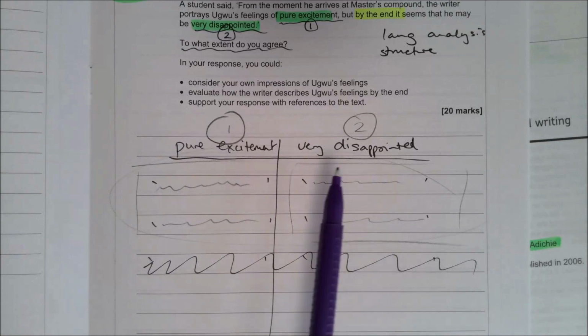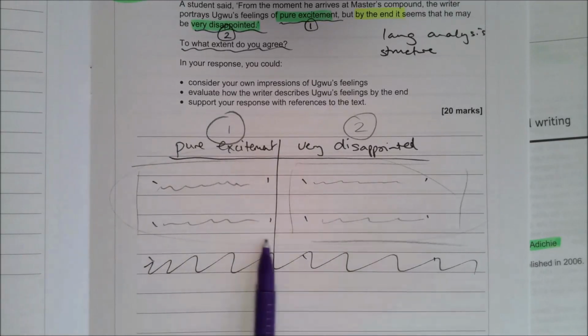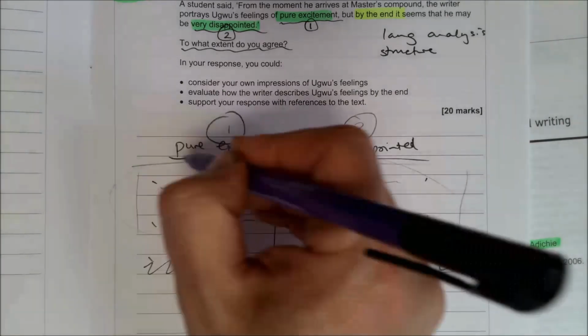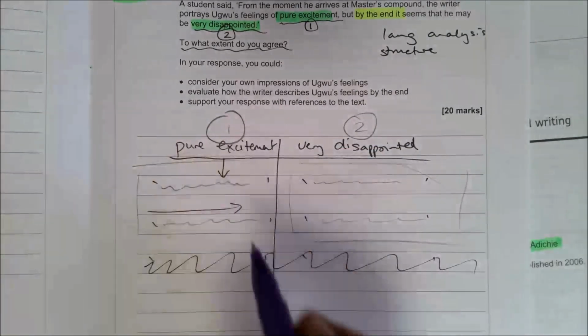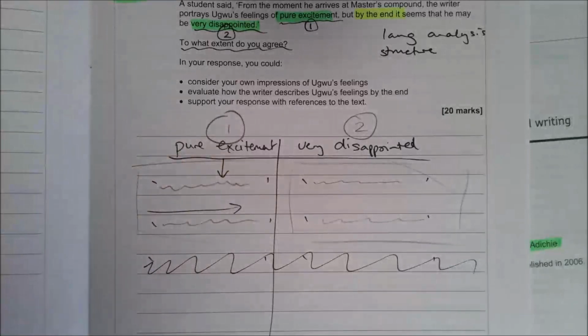And then you can write your paragraphs either down the columns or across the rows. It doesn't matter too much. And that's 20 marks. So you're expecting to write 4 good paragraphs probably there, and potentially use maybe 6 quotations throughout the whole piece. When you finish there, we'll move on to writing.